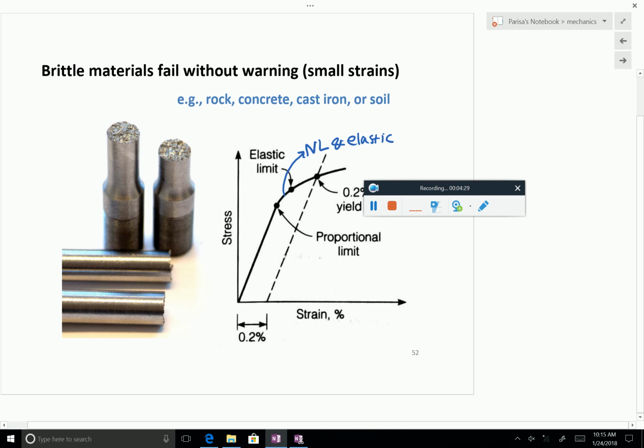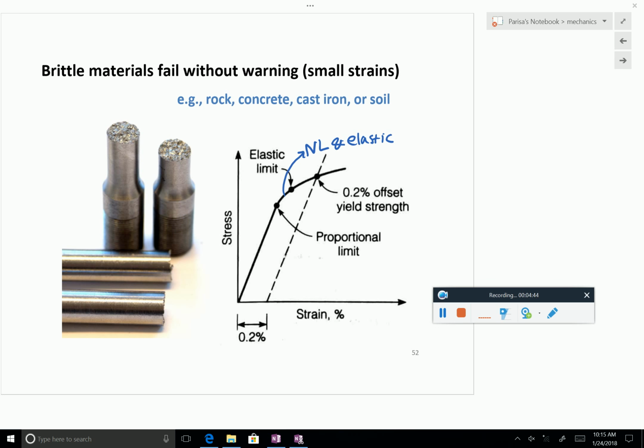But the yield is not very clear. It's not very clear when it starts. People have developed an approximate method to find the yield strength or yield stress. The way to do it is you take, let's say for steel, 0.2% strain, and you go parallel to the first line.